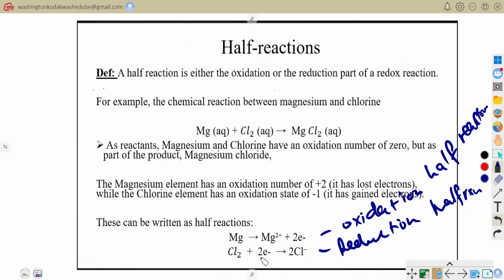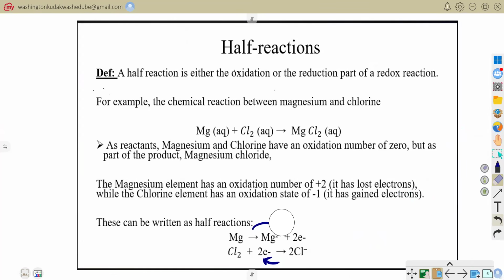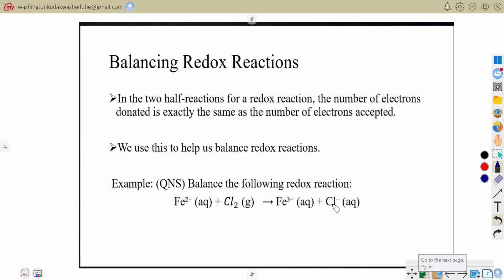You will see that here magnesium lost 2 electrons, whilst chlorine gained 2 electrons. So the number of electrons that are lost and gained are supposed to be exactly equal. So we use this to balance our redox reactions.